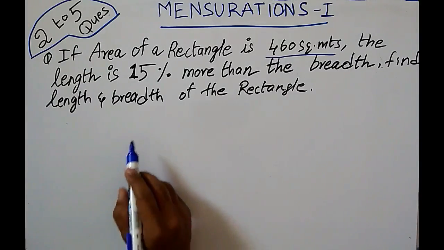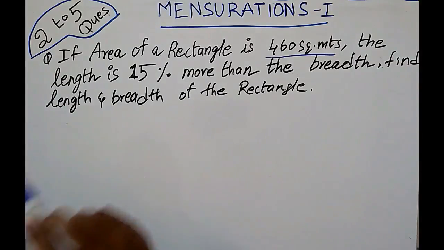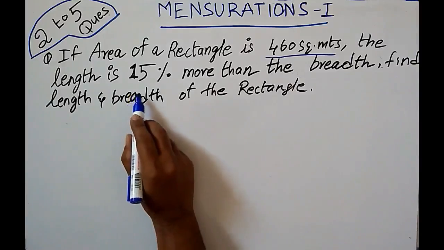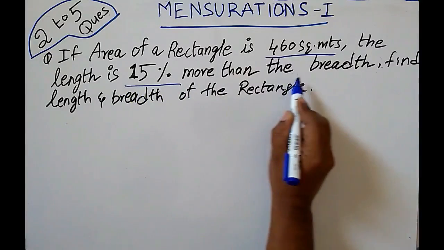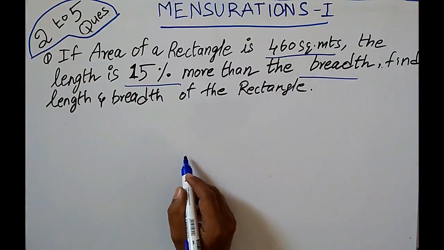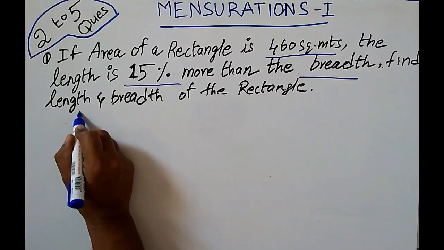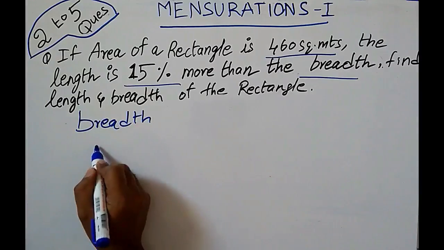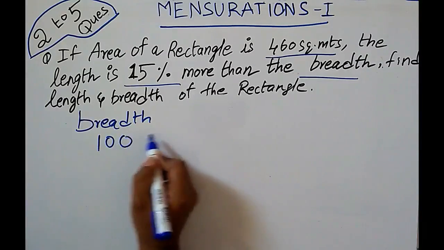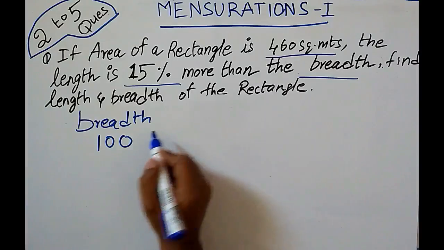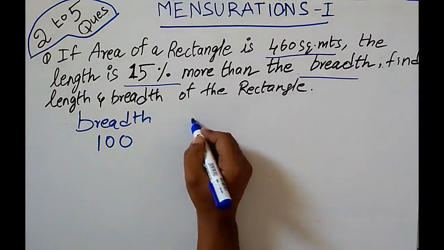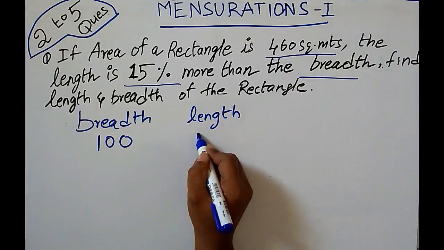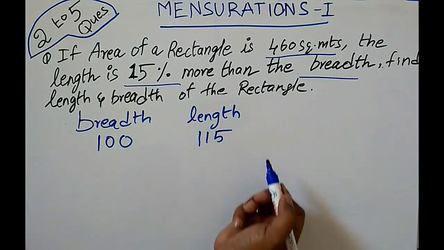See friends, there is a relation between length and breadth which is given. Here the length is 15% more than the breadth. If the breadth is 100%, then the length is 15% more than the breadth, so the length becomes 115.